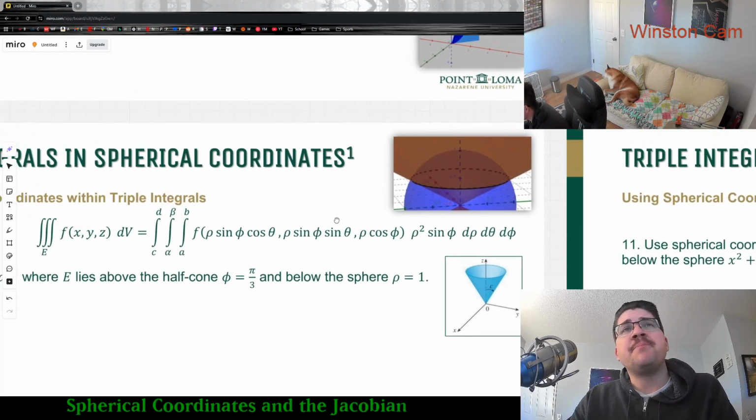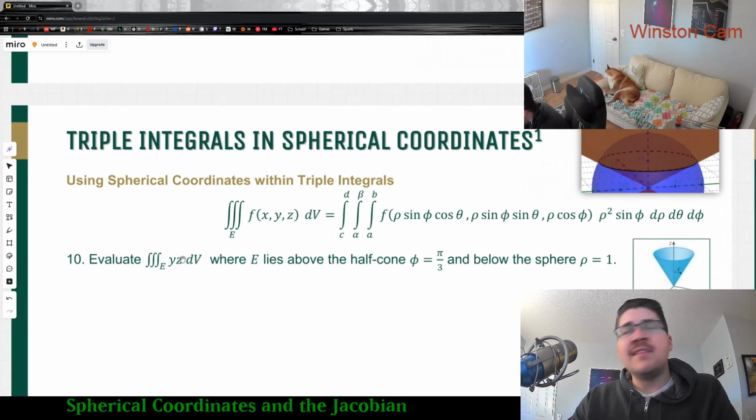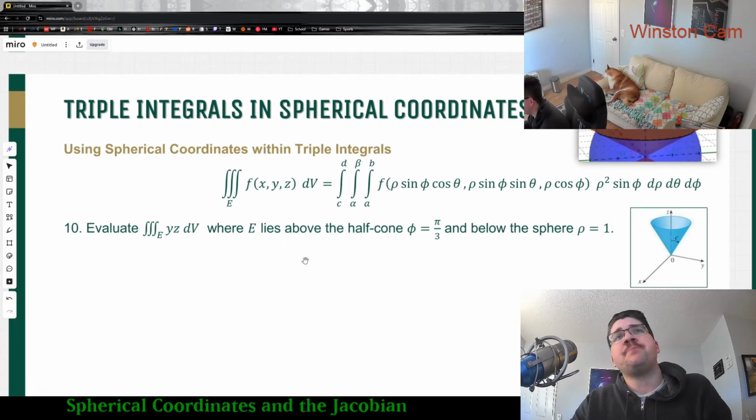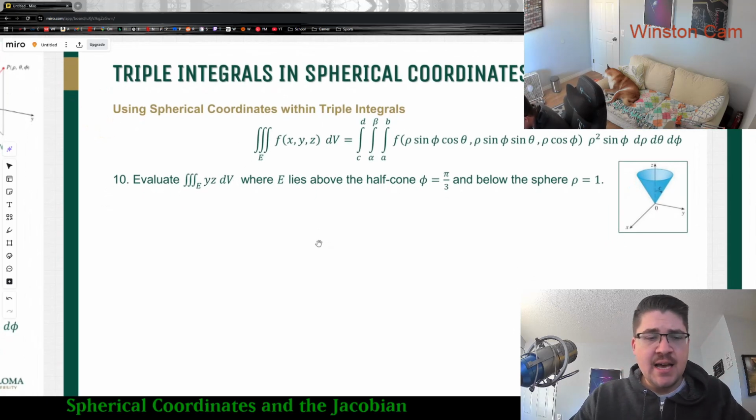We could find the volume above the cone and beneath the sphere using a triple integral of 1. But in this case, we're going to do even more by integrating across a function. Primarily, we're using this example to see how we can actually triple integrate within spherical coordinates.